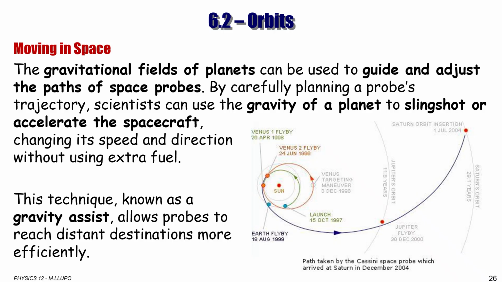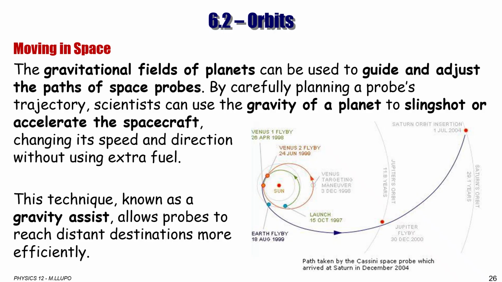The gravitational fields of the planets can be used to guide and adjust the path of space probes. By carefully planning the probe's trajectory, scientists can use the gravity of the planets as a slingshot to accelerate the spacecraft, changing its speed and direction without using extra fuel.